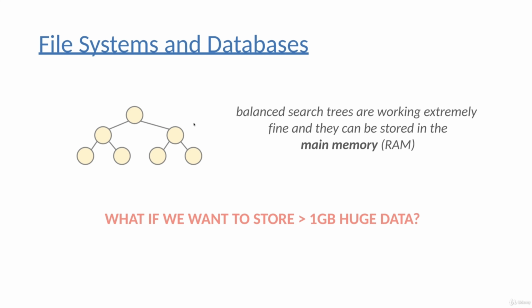But of course, the problem is that these data structures are stored in the main memory, so in the RAM. So what if we want to store a huge data set, for example, more than 1 GB? Then the problem is that we are not able to store such huge data in the main memory. So we have no other option but to use external memory, such as file systems or databases.